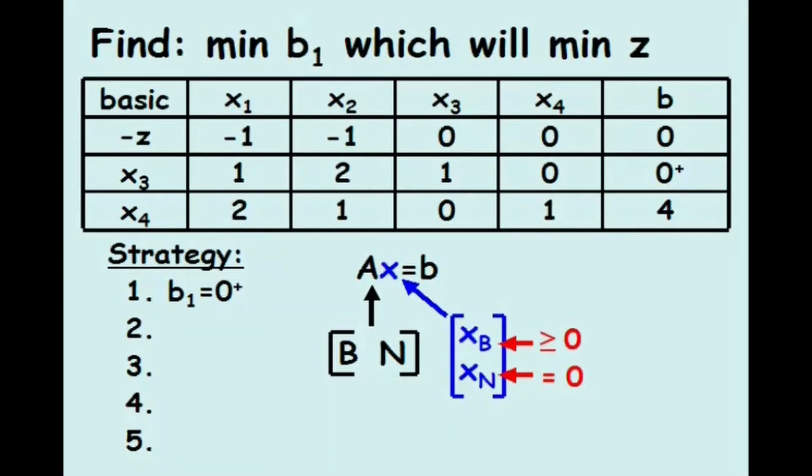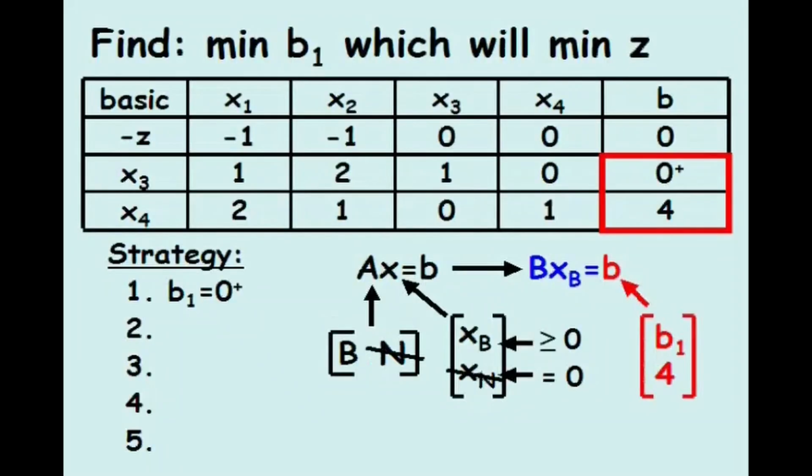Since variables xn equal 0, they can be removed from the equality, and we're left with BxB equals b, where the little b on the right-hand side equals the far right column in the tableau.